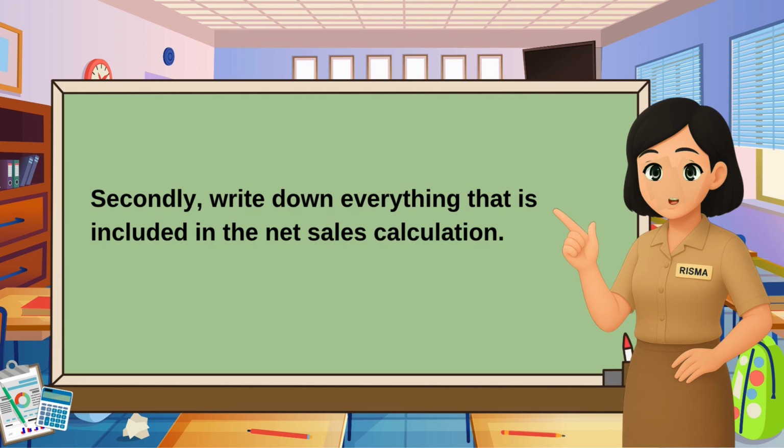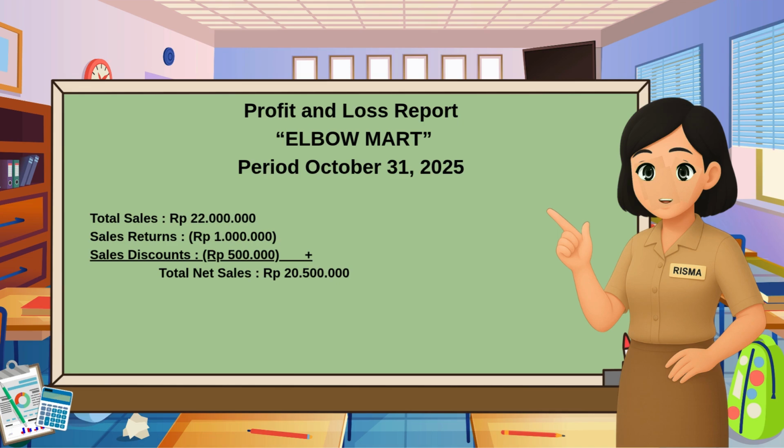Secondly, write down everything that is included in the net sales calculation. First, write total sales, minus sales return and sales discount, the result is total net sales.